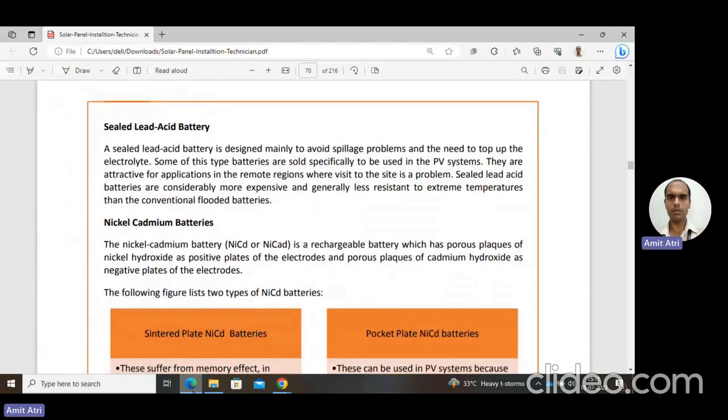Another category is the sealed lead acid battery. The sealed lead acid battery is designed mainly to avoid spillage problems and the need to top up the electrolyte.